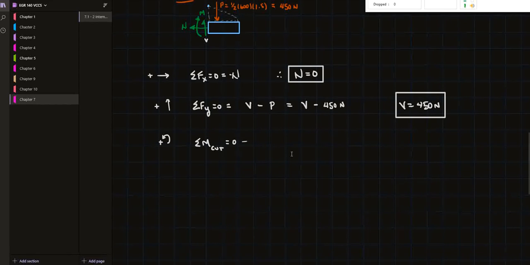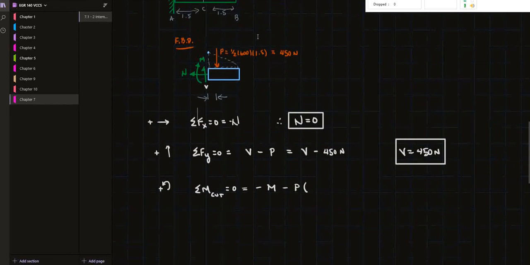So if we sum moments about the cut, we're going to have minus M, because that's rotating counterclockwise, and then we also have minus P times the moment arm here, and we said that was 1/3 the distance, which will be 0.5 meters.